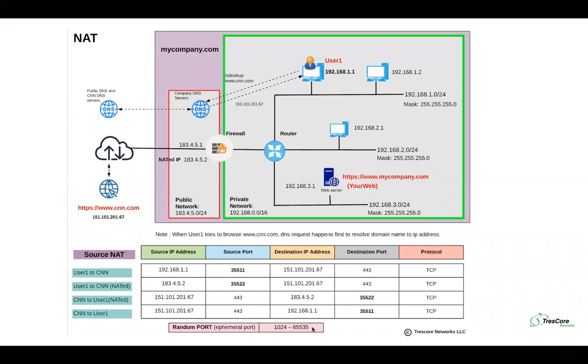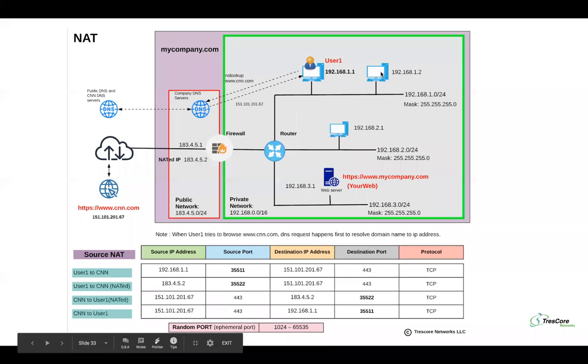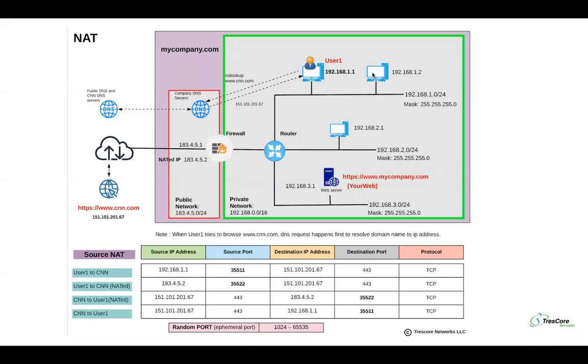The idea behind this is when two computers generate a random number within this big range, there's going to be very little chance for them to pick the same number, right? So that's why it's a random port. It's called an ephemeral port. The reason they call it ephemeral is that the port information is used only for that communication.